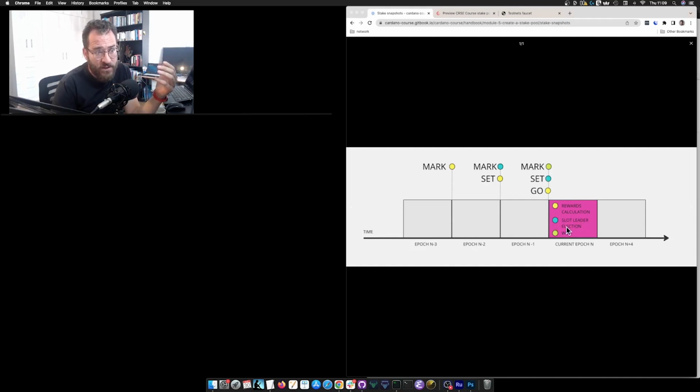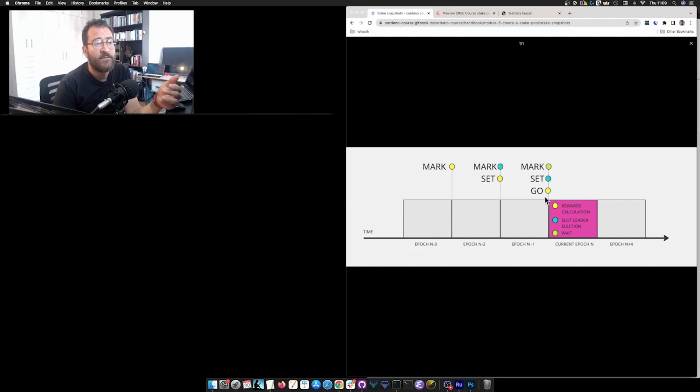Well, this block production is based on the set snapshot, which was mark on the previous epoch, now known as set. And of course, during this epoch as well, the system is calculating rewards from the block production of the previous epoch. And it is using the go snapshot that previously was set and previously was mark.